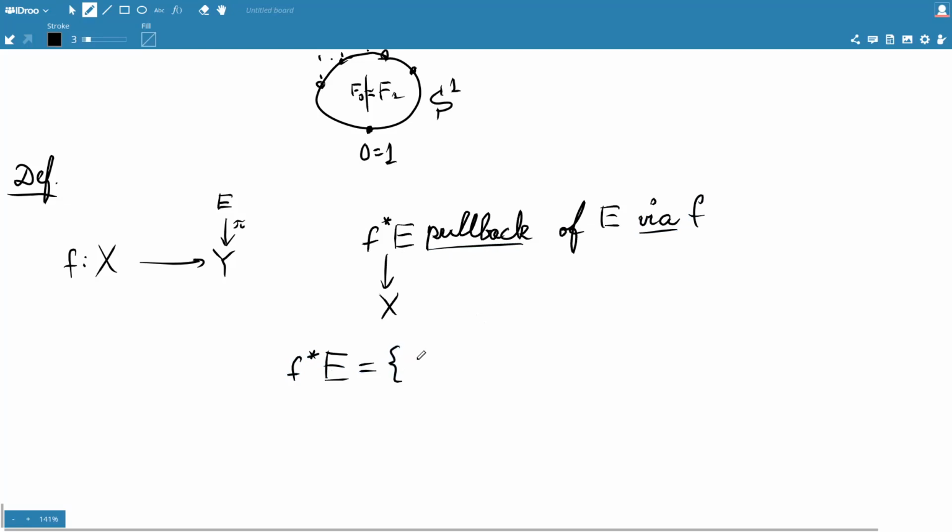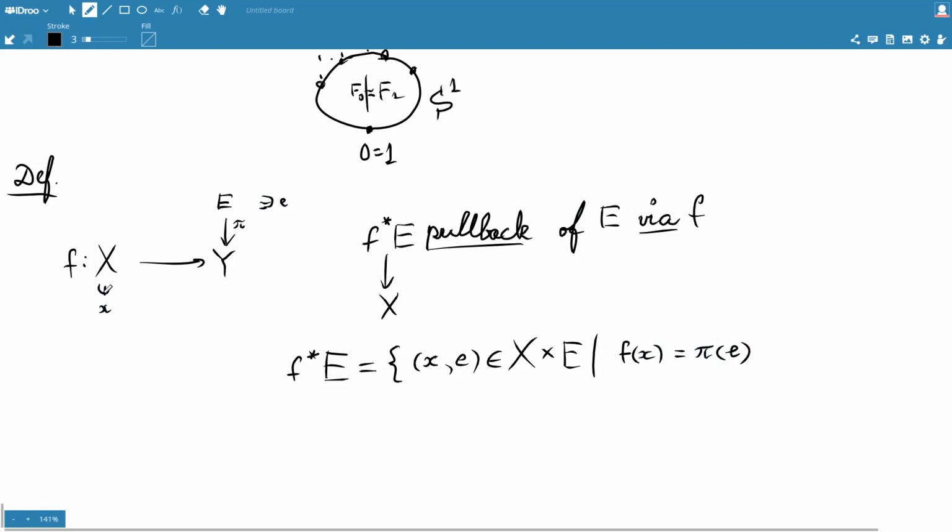So let me take those pairs X and E in X cross E such that F of X, you can guess easily what you should do, should be equal to pi of E. So I take any point E here, and any point X here.